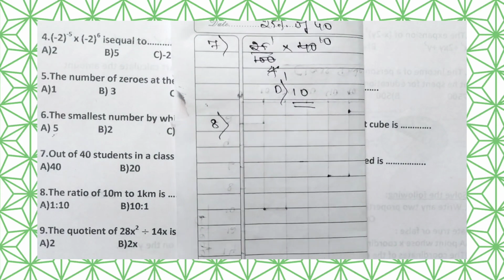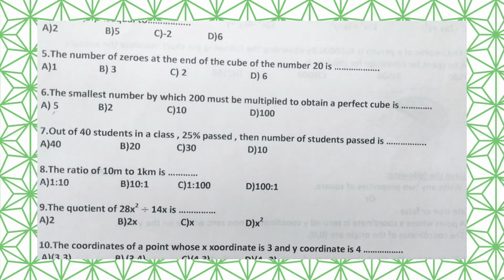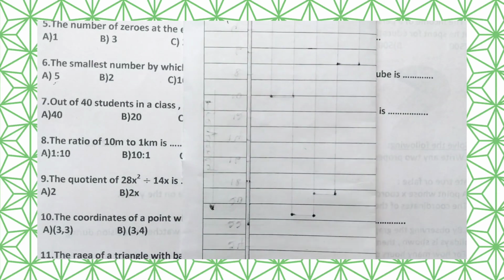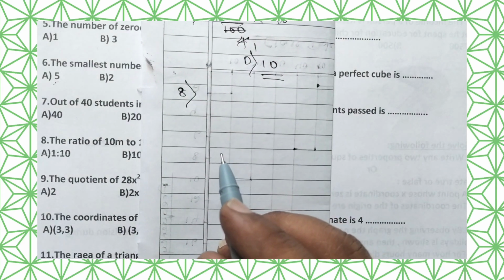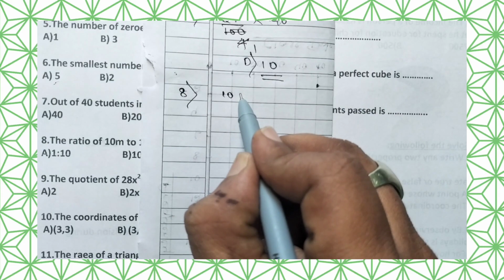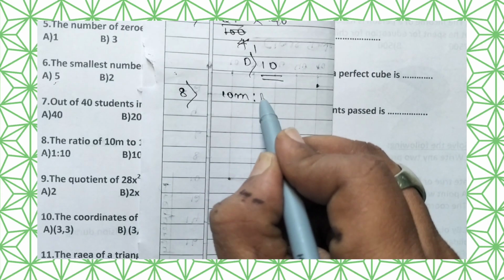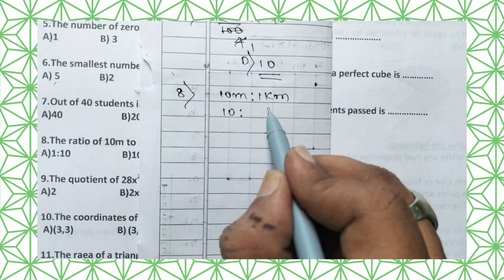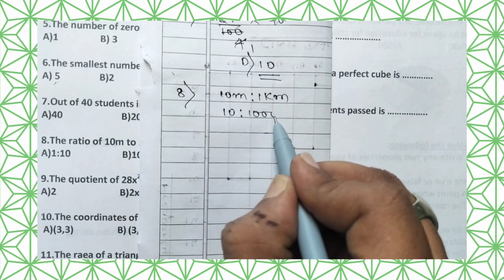Now let us move to the 8th question. The ratio of 10 meter to 1 kilometer is dash. So 10 meter is to 1 kilometer. For 1 kilometer, it is 1000 meter.